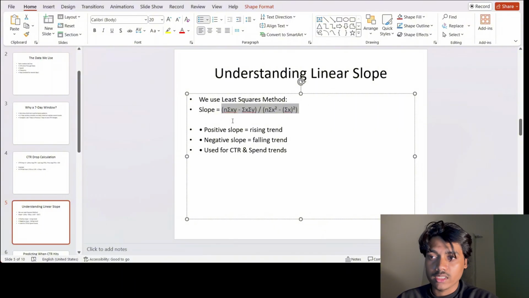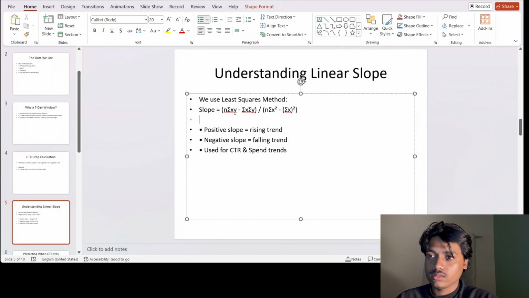If we are calculating the slope for the CTR on a day basis, then y will be the CTR and x is going to be the day. This is how we will be calculating the slope for the CTR, then the spend. This is just the formula. The code is in there. We will be looking at that code also.